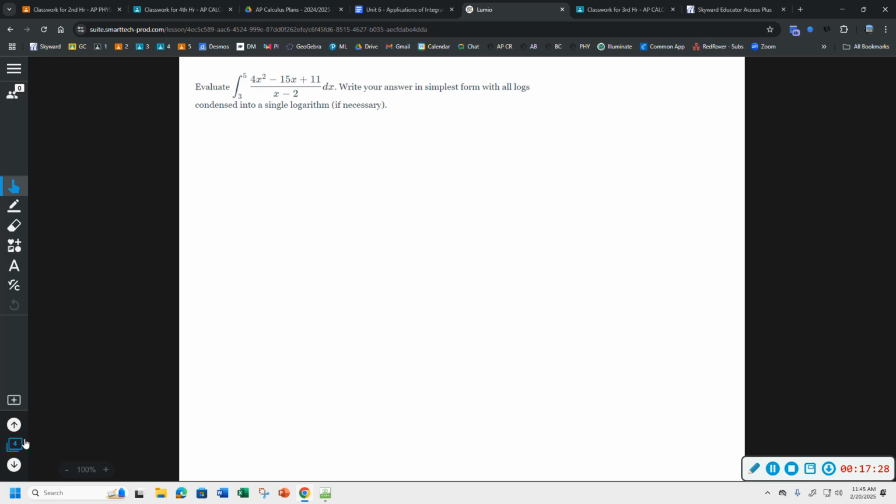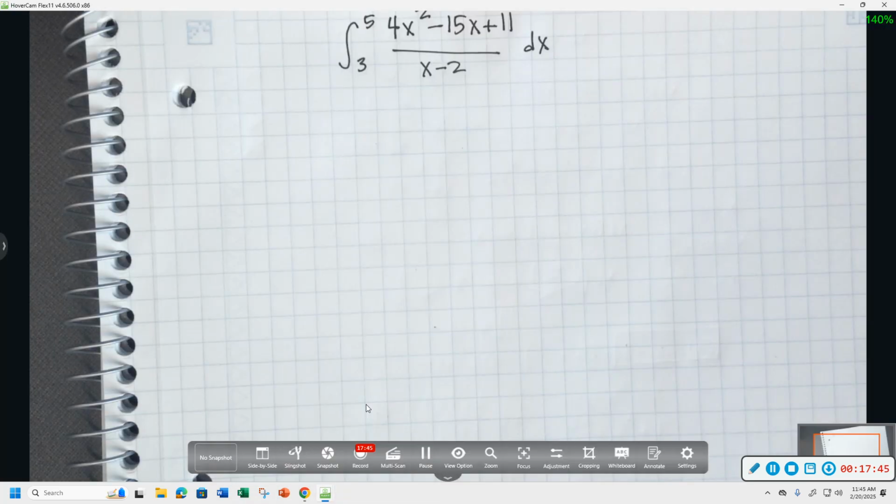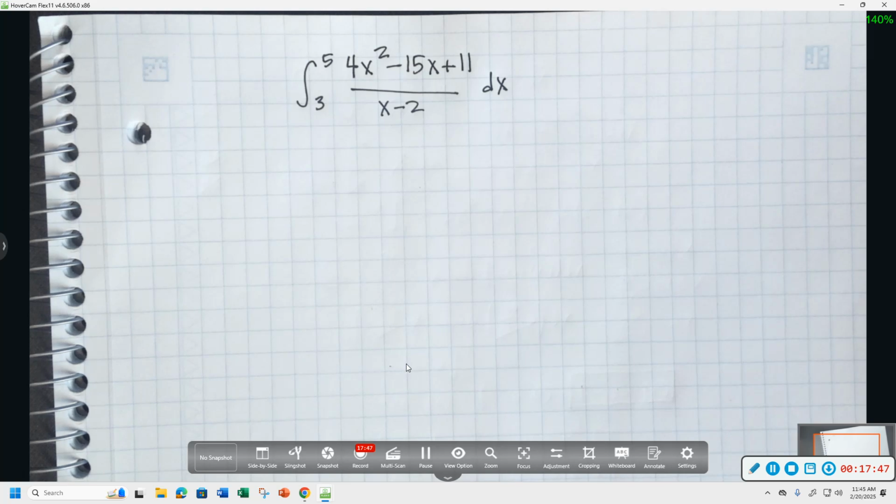I'll write it on my paper and then show it to you in a second. I know you can see it on the screen, kind of. But this is one that we can't do substitution on, but is still in the AP guideline for something that you need to know how to do.